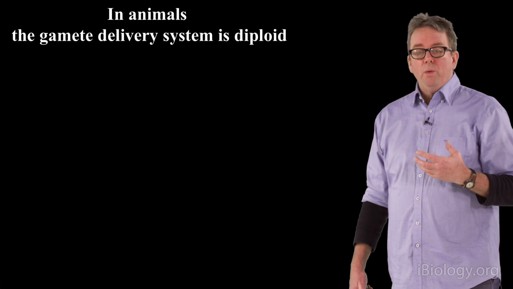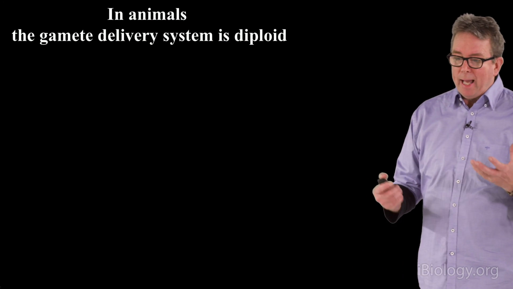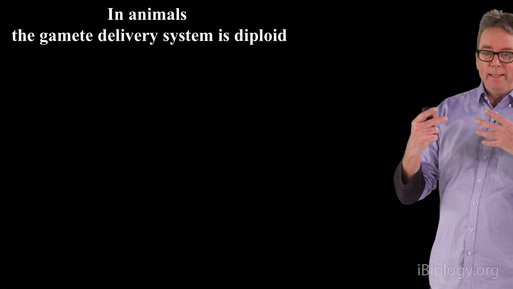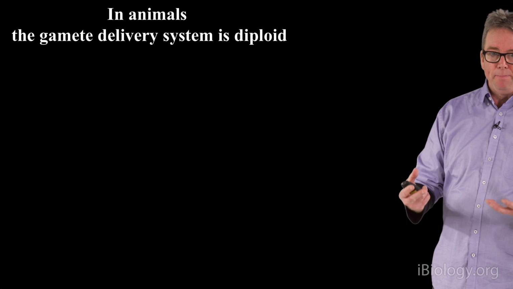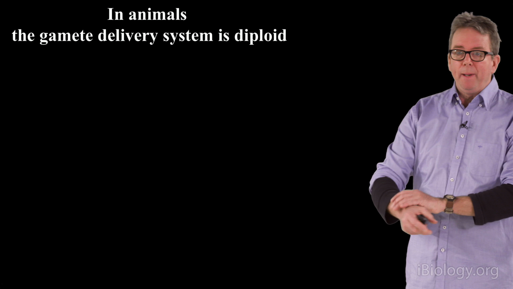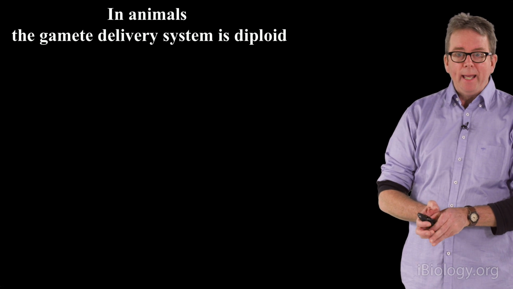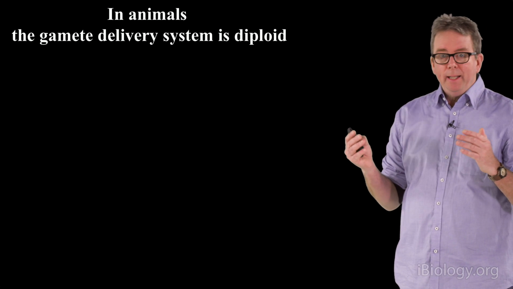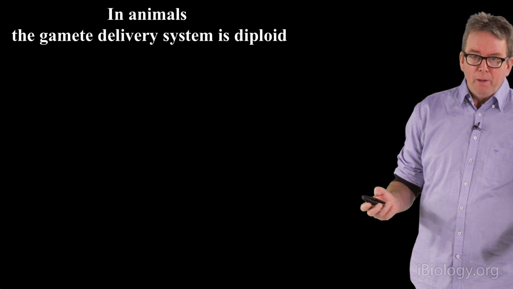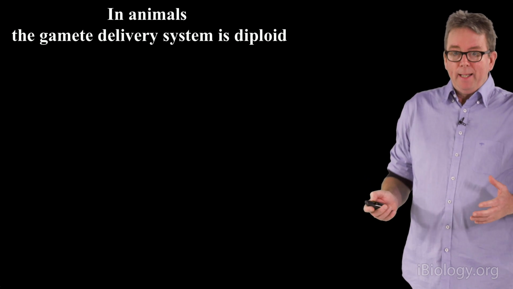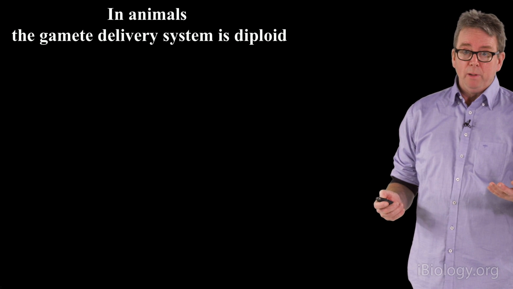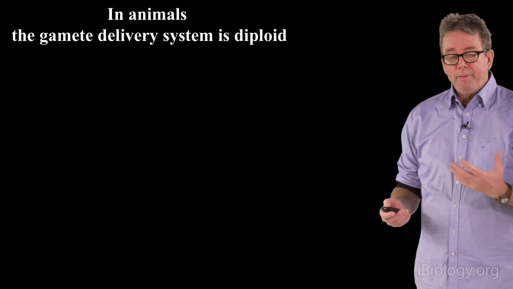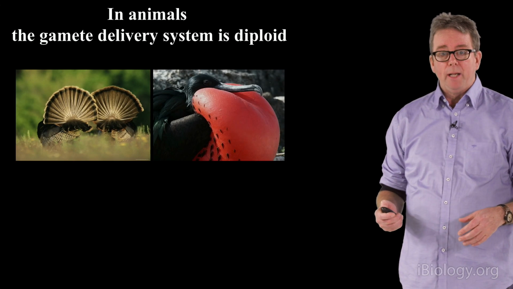Now, we don't really have any idea how the females are able to make these adaptive mate choices amongst the men. But we want to maybe think a little bit about what happens in animal systems. In animals, the gamete delivery system that we call males is a diploid. And sometimes these diploids end up being selected by females for very particular types of behavior.